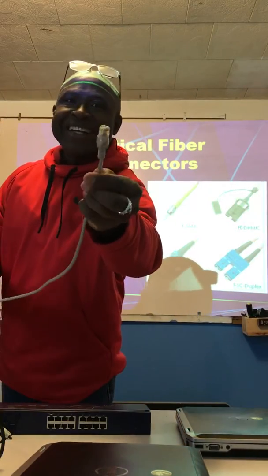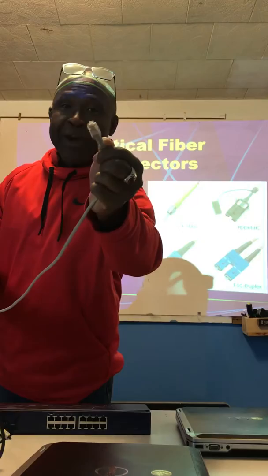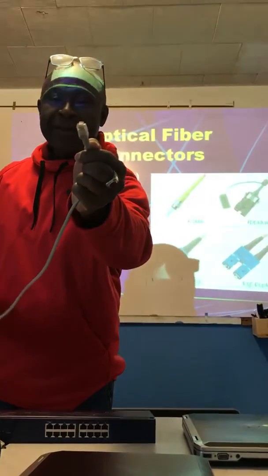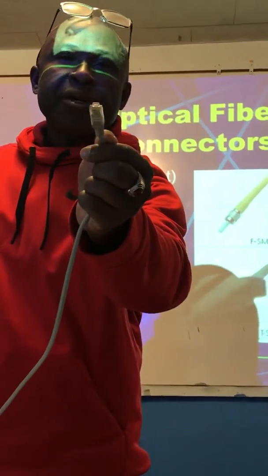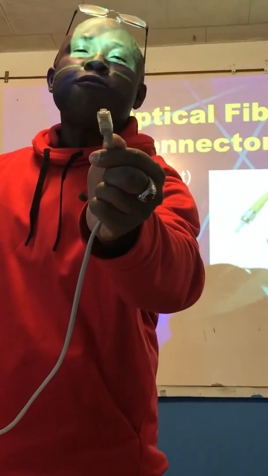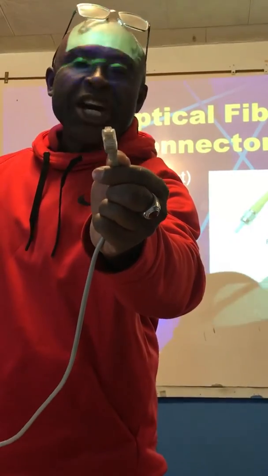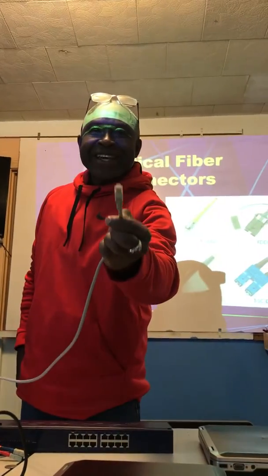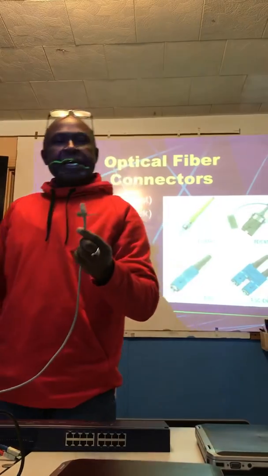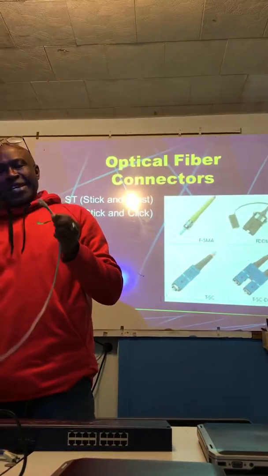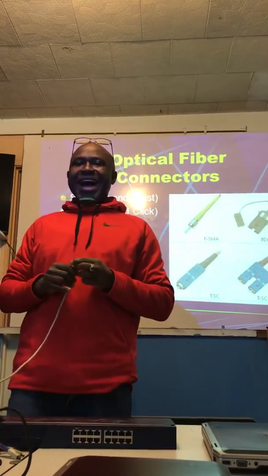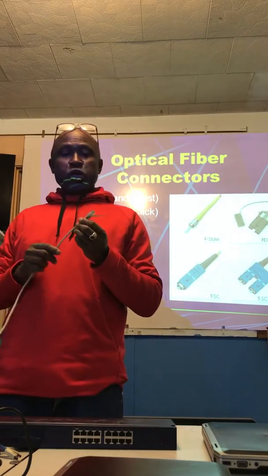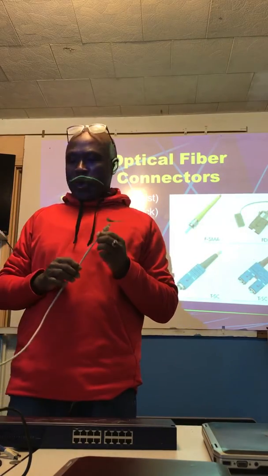It looks exactly like a telephone line connector, but this one is bigger, because the telephone wire system has 4 wires. They call it an RJ11. And the cable we use for networking has 8 wires. So twisted pair uses RJ45 for the connector.